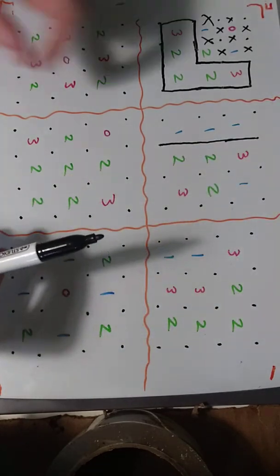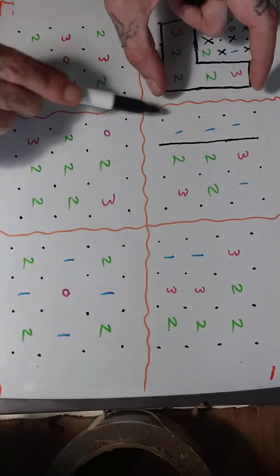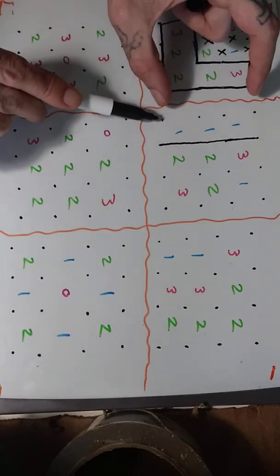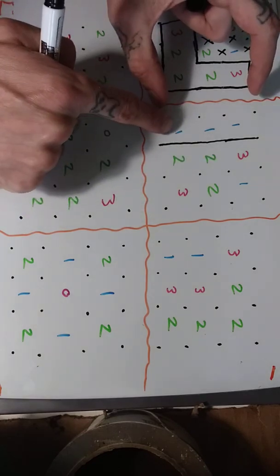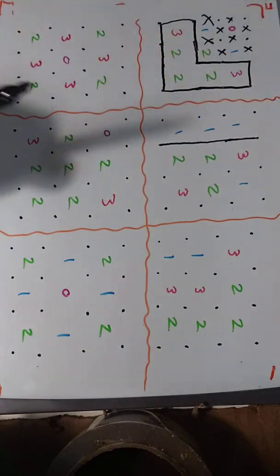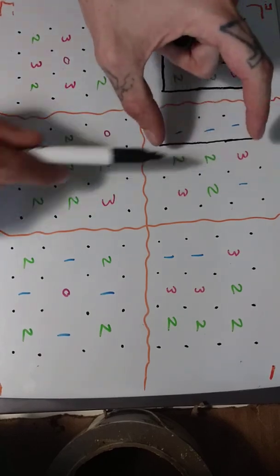Or it could be on this side, but if it was on this side, then there would be a line going to the right, and that would have to be a 2, or up there might have to be a 2. So that line has to be there.